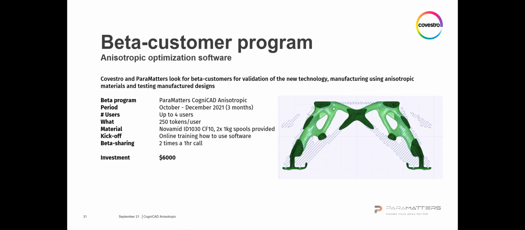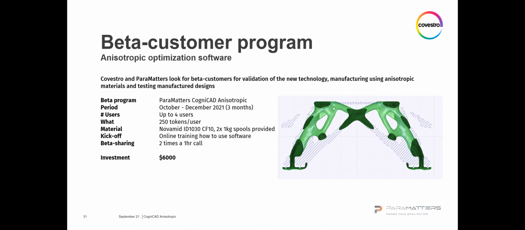We will provide, if interested, Novamid material, which is the material that we are validating the software with. Why is that? Because from Covestro's perspective, we have a fully anisotropic characterization done of this material according to the performance for additive manufacturing. So that could be provided to the beta program users, 2 times 1 kilogram spools.